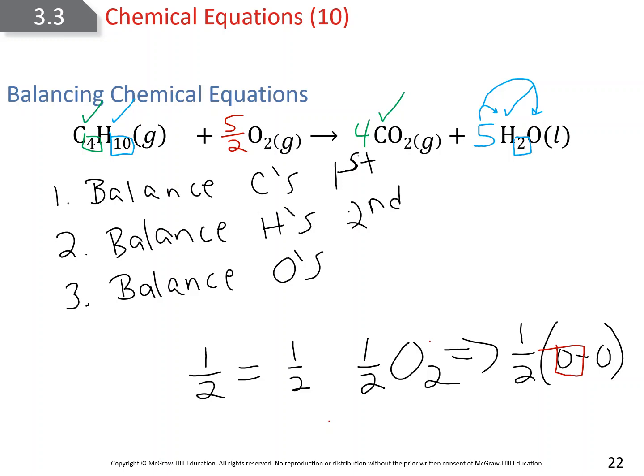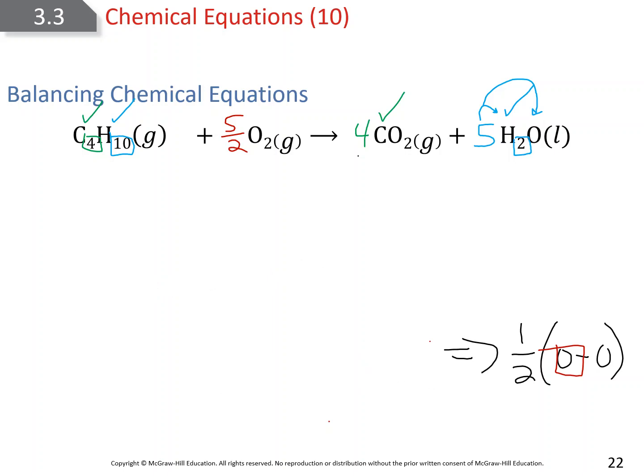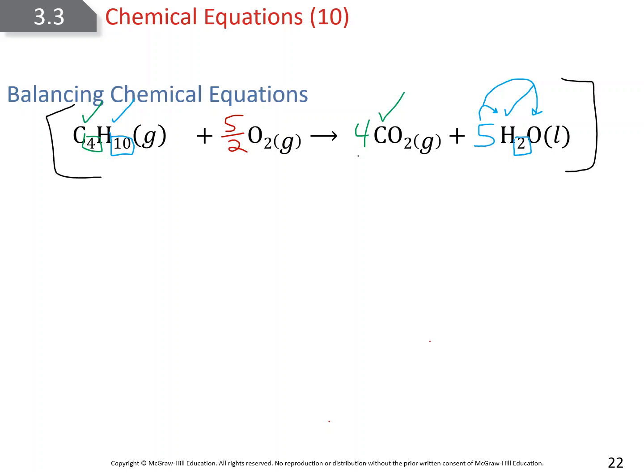So now that I have that, and these are my rules, I can't leave a fraction as a coefficient. We always need to have whole numbers as a coefficient. Because of this, the easy way out is to get rid of the fraction just like we do mathematically with anything else. So I'm going to take this whole entire equation and multiply it by 2 so I can get rid of that fraction.